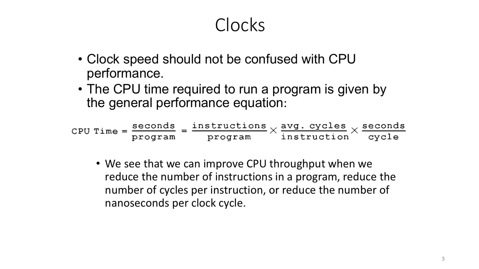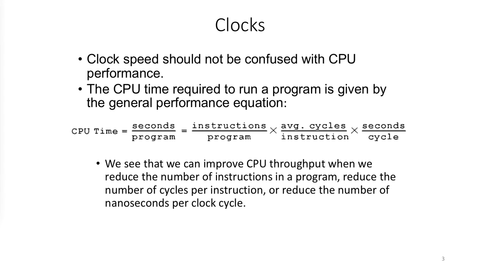The CPU time required to run a program is given by the following general performance equation: CPU time equals seconds per program, which is roughly computed as the number of instructions per program, times the average number of cycles per instruction, times the number of seconds per cycle. So this equation roughly computes the CPU time to run a program.